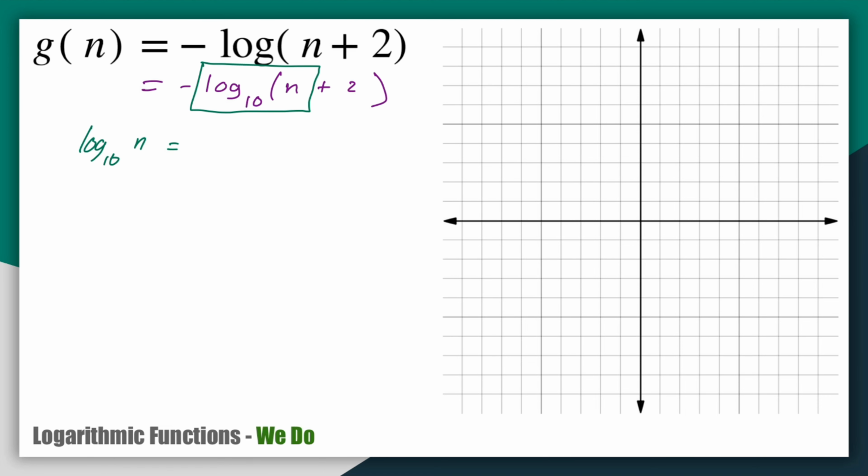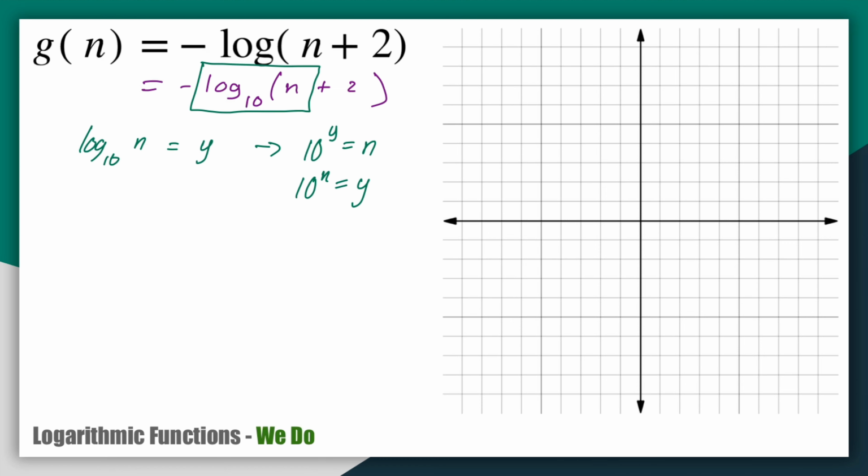You could really think of it as g of n, but then thinking of it as 10 to the power of g of n is kind of weird, right? So we can just call it y. We go to exponential form, so this is 10 to the power of y is equal to n, but really it's 10 to the power of n is equal to y. Now, if using different variables is super annoying to you, then hey, x, y, okay? Whatever you're comfortable with.